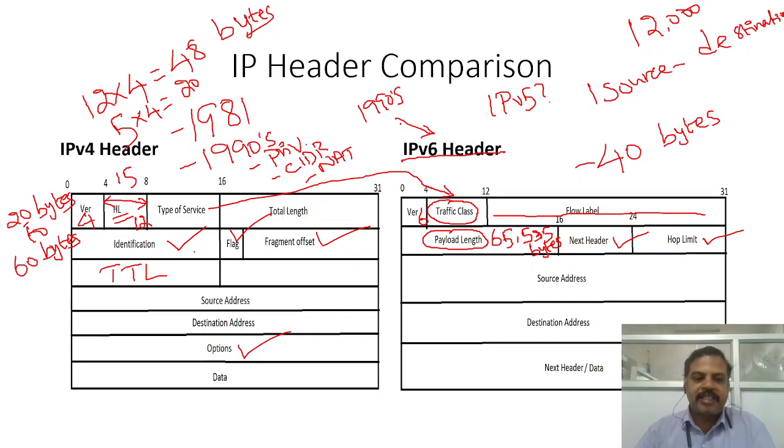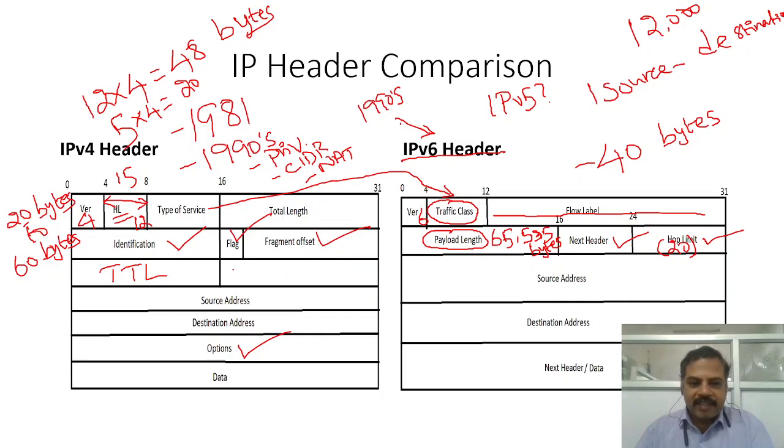If you have mentioned a TTL as 20, a packet is considered a live packet till it crosses 20 routers. After the 20th router, the TTL value becomes 0. The packet is considered dead. Similarly, we are having the same thing as hop limit. Actually, this is the right word, instead of time to live, hop limit. If hop limit is 20, the packet can travel up to 20 routers. After that, it becomes a dead one.